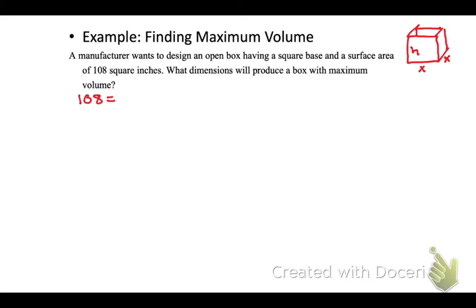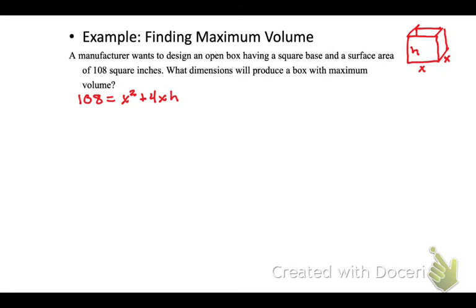Okay, so what is the area of the base? x squared. Plus, now all the sides are going to be the same area, yes? So 4xh. Okay, so that's my surface area.